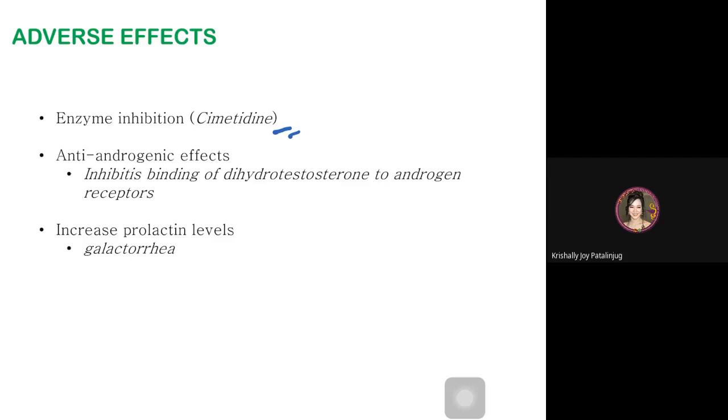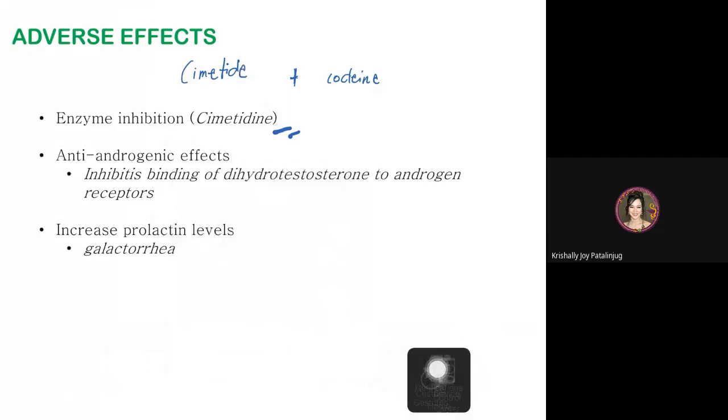Let's say, ang patient is prescribed with an analgesic, let's say codeine. Then the patient is said to take cimetidine as well for his or her hyperacidity. Now, you have to take note nga si cimetidine is isa siyang enzyme inhibitor.